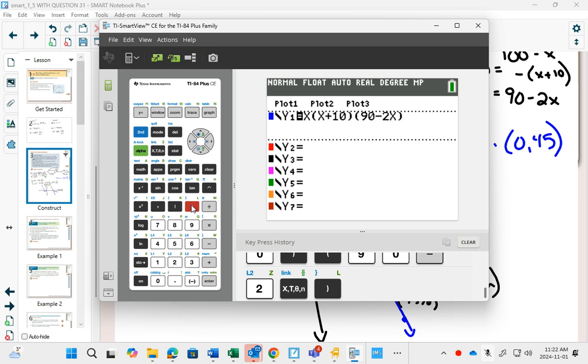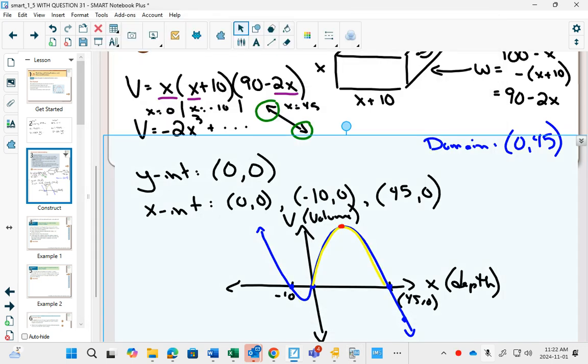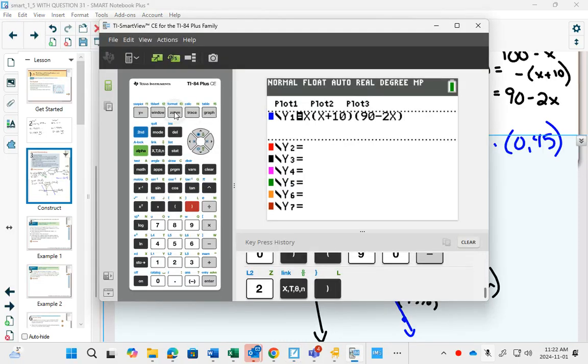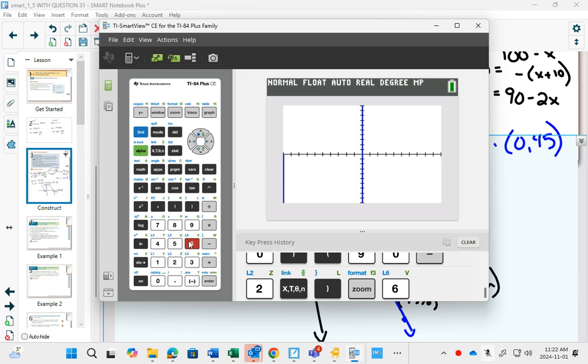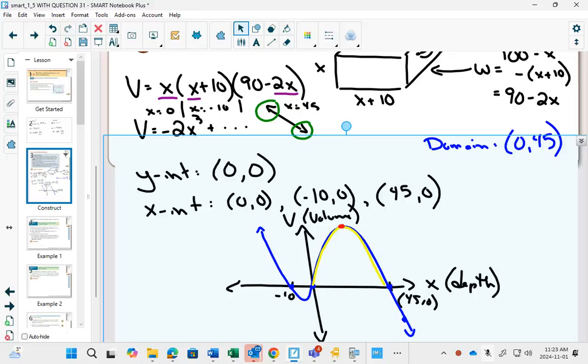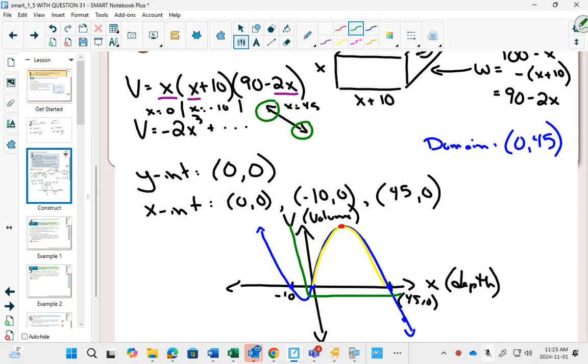Now, one of the reasons it's important to be able to graph this ourselves first is when I graph this right now, probably I'm on my standard window and this is what I see, which is not very helpful. Because the standard window only looks from minus 10 to 10. Can you see that we are really interested in this green box?